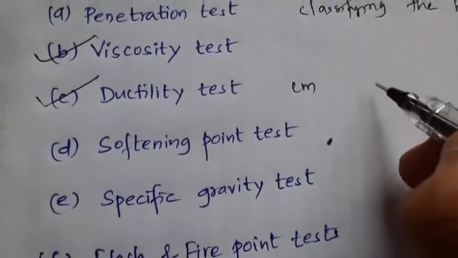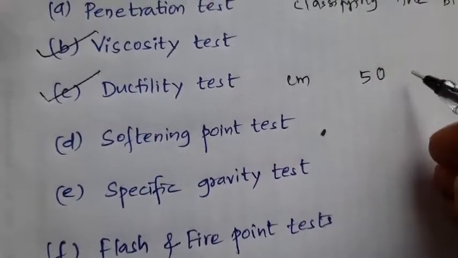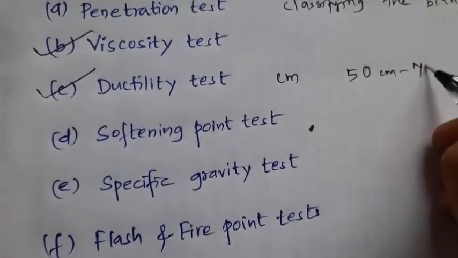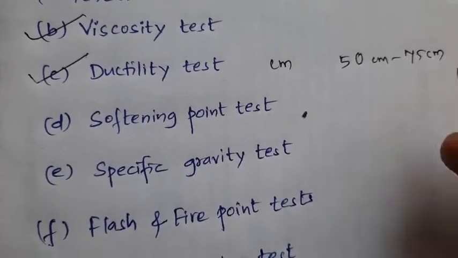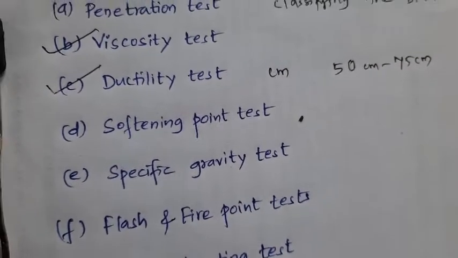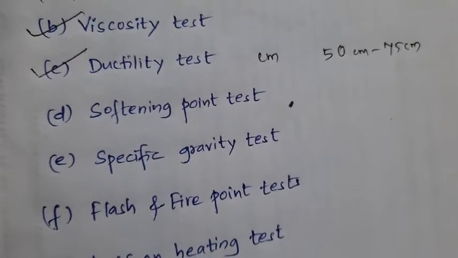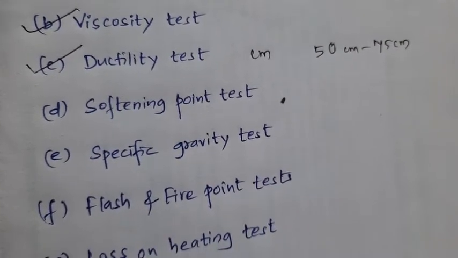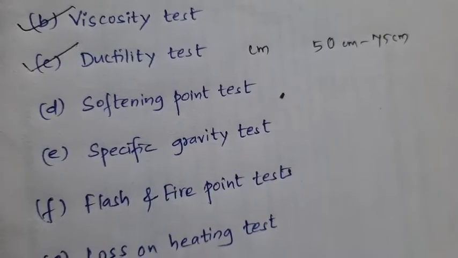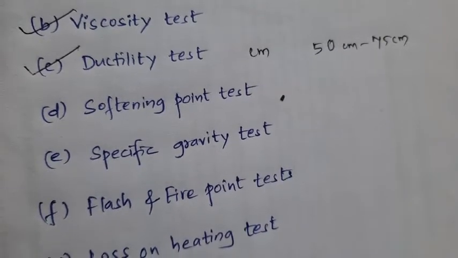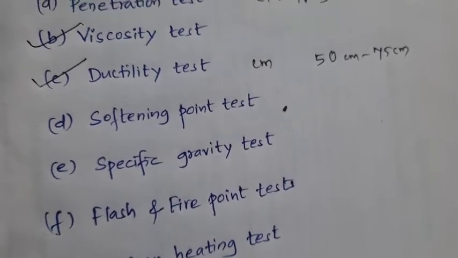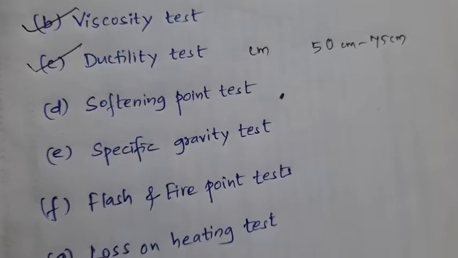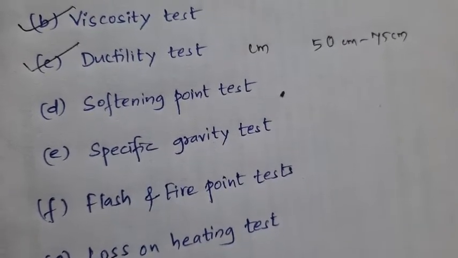From that you get to know the ductility of the material. For road work, we expect between 50 centimeters and 75 centimeters. Clear? The reason for this test is that the ductile film of the binder improves the physical interlocking of the aggregate between the mixes and the traffic load. The bitumen pavement layer is subjected to repeated deformation and recovery.